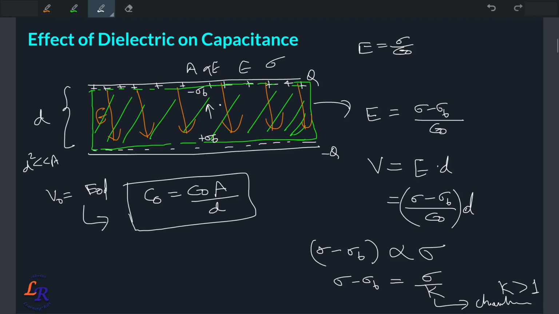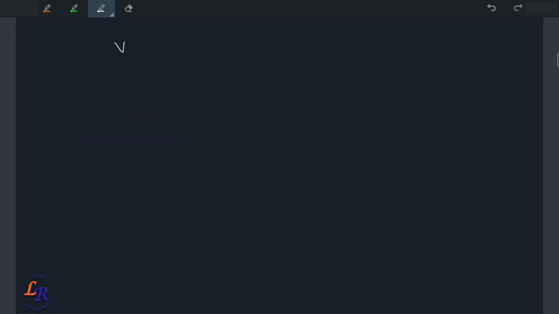Now, utilizing this in the equation, we can write V equal to sigma minus sigma b upon epsilon 0 times d, as we had seen. We replace sigma minus sigma b by sigma upon k.